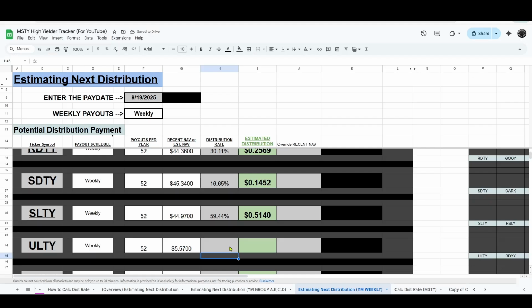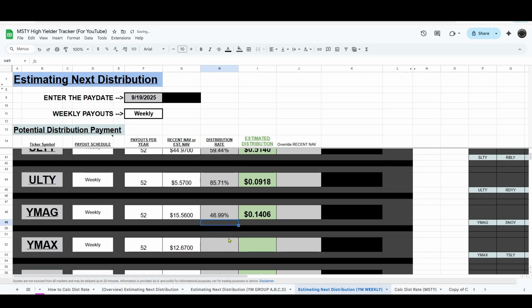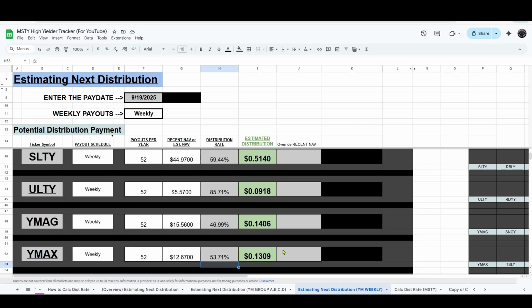And for ULTY, my guesstimate is 9 cents for an 85% distribution rate. For YMAG, 14 cents, and of course YMAX with 13 cents. So I don't know how close I'll be, but we'll find out tomorrow. But these are my guesstimates for this week's Group C and the weeklies.